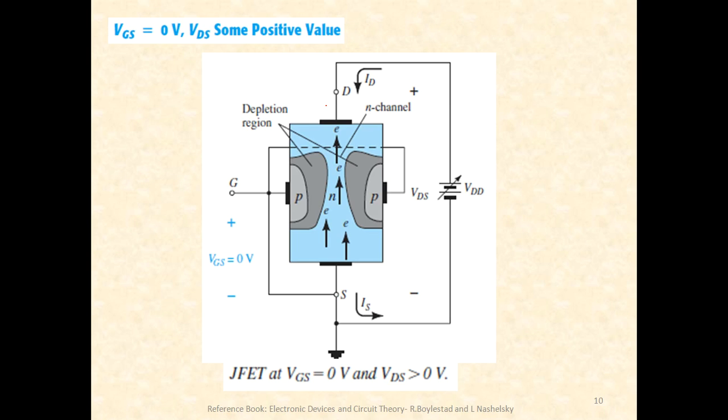Right. So when VGS is 0 volts and VDS is some positive value, say for example plus 1 volts. Okay. In the yesterday's class we had tried to understand the operation of a JFET by considering the entire structure in a horizontal way. Okay. So here it is vertical.